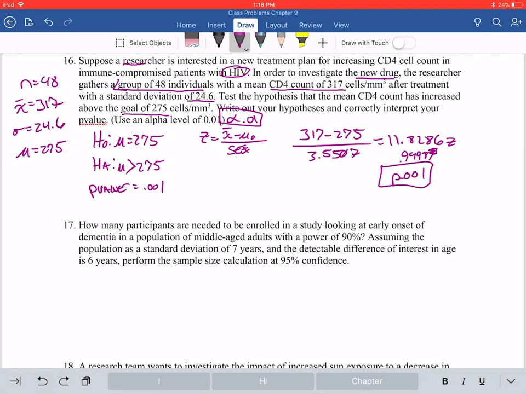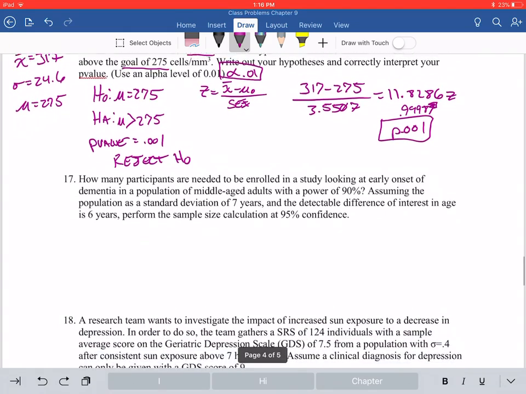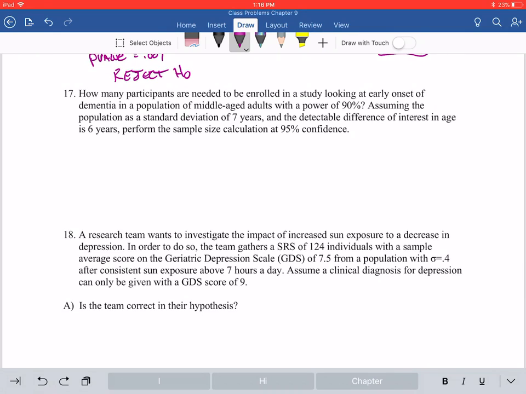Since our p-value is less than alpha, we're going to reject the null hypothesis. And that's how we interpret our hypothesis. We're going to reject it because our p-value is less than alpha, and this is proof that the drug they are investigating is in fact increasing the CD4 count of this individual.